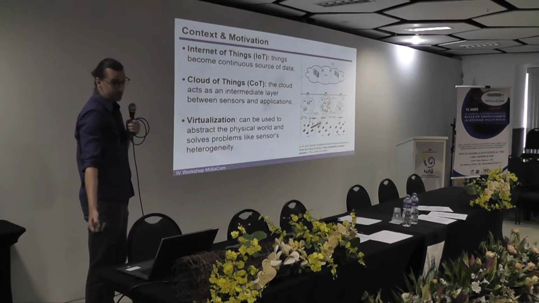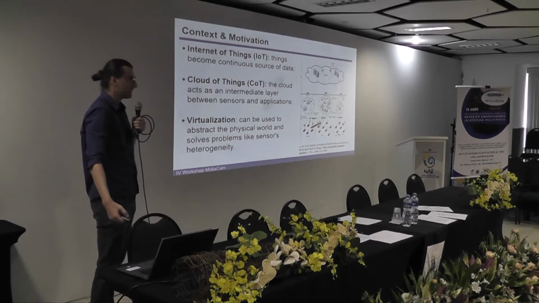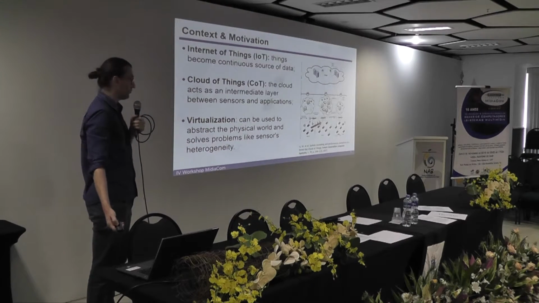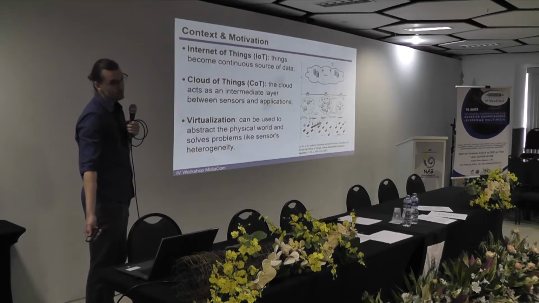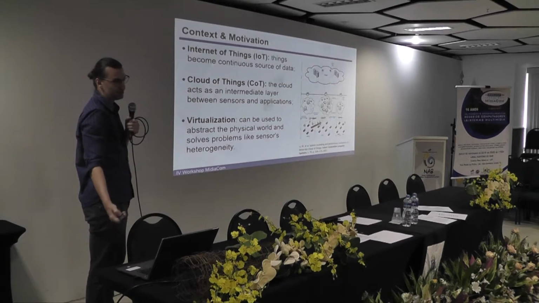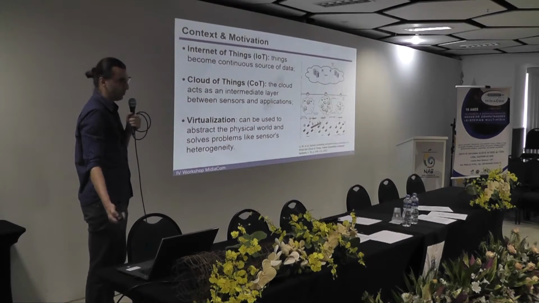First, in the Internet of Things, the device becomes a source of data, and this data is consumed by one application. Usually the application and the sensor are not on the same network and don't have the same protocols.